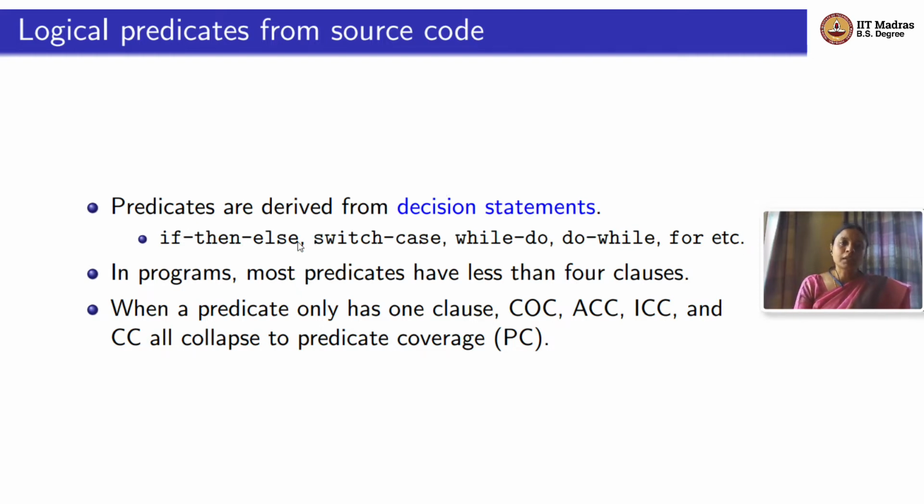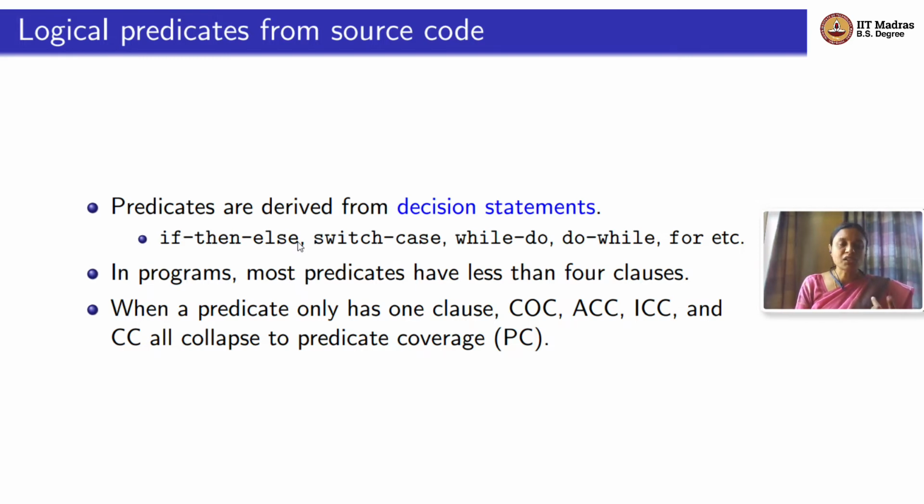Typically, theoretically, a logical predicate can have as many clauses as possible. Some very complex control logic, in fact, have large predicates with many clauses. But typically, most programs have predicates that contain maybe two, three, or four clauses, not dozens of them, except in rare cases. Sometimes many programs just contain only one clause.